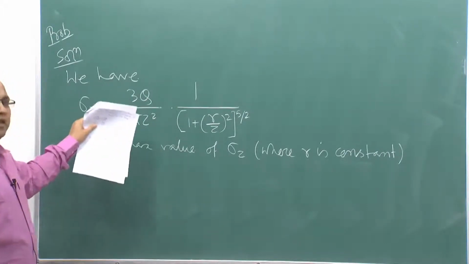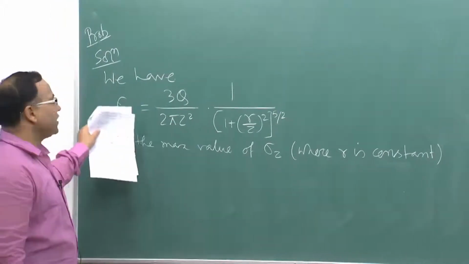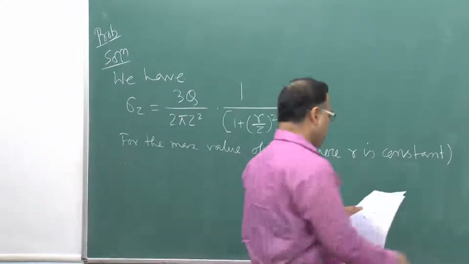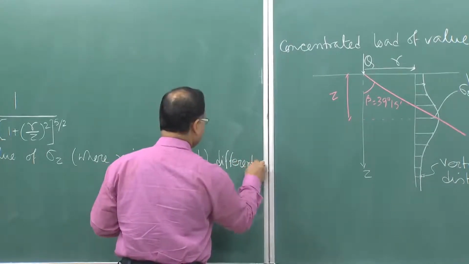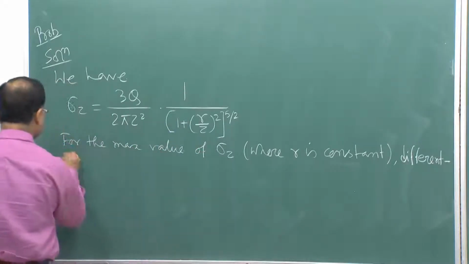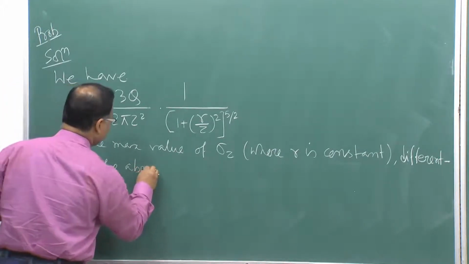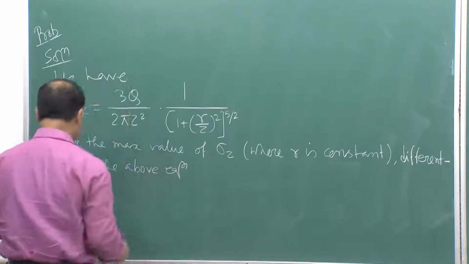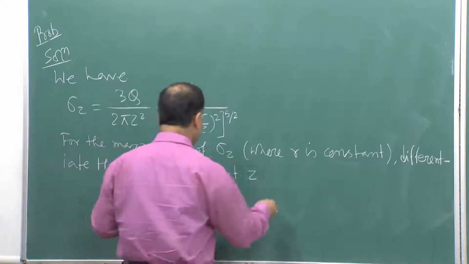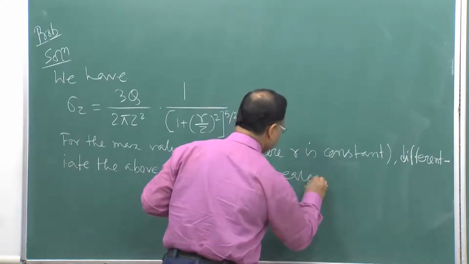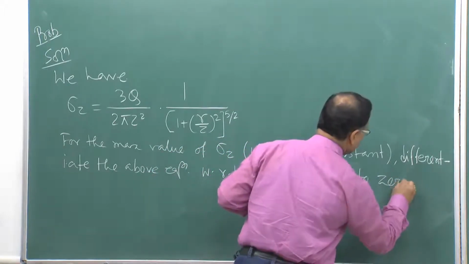So, this sigma z will be differentiated with respect to z. If we do that, then we will be getting the maximum value of sigma z, right. So, differentiate the above equation with respect to z and equate it to 0.